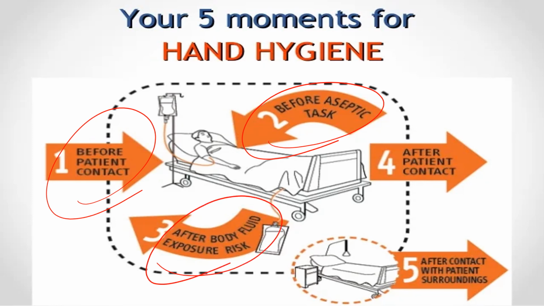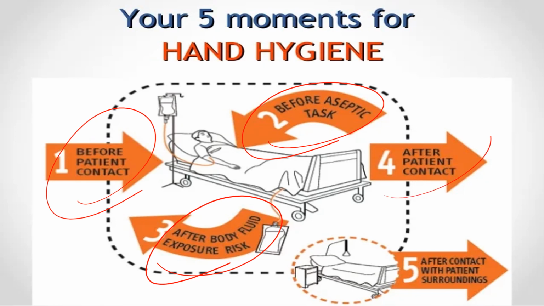For example, when you're checking the patient's urine output or any secretions, or while on suction, any fluid contacts you, or any kind of blood spill. So hand hygiene is compulsory.